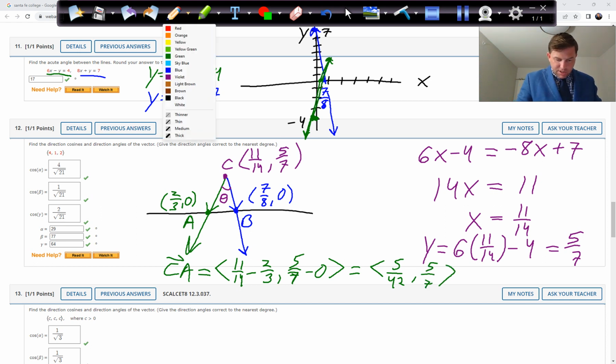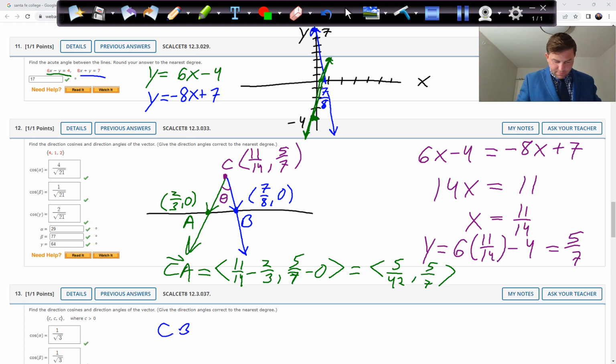Vector CB is going to be 11/14 minus the 7/8, and 5/7 minus 0.